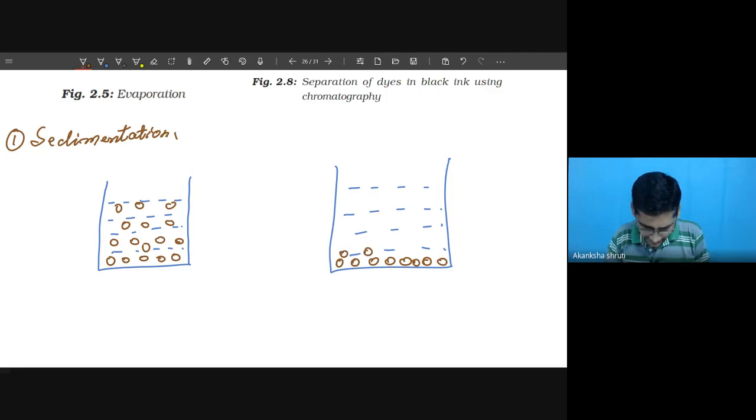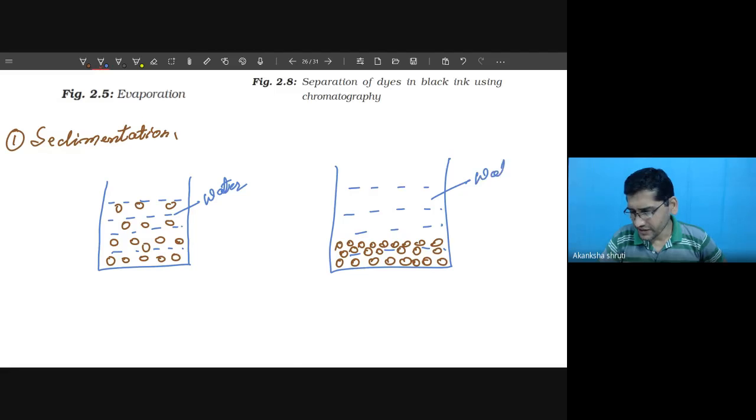Even some of the water will also be there at the bottom, because it cannot be that only the sand is at the bottom and all the water is at the top. So these heavy particles will settle at the bottom, and this is the water, mostly water.